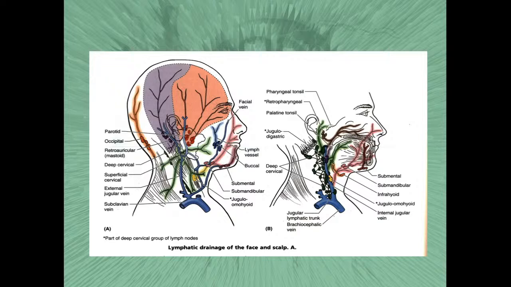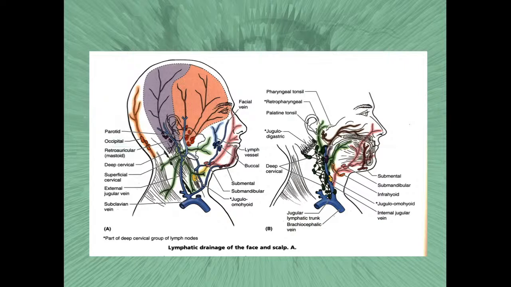Then from all the mentioned groups of lymph nodes, lymph drains into the lymph nodes of the neck. These lymph nodes are subdivided first into the superficial and deep lymph nodes of the neck. Then the deep lymph nodes of the neck are also subdivided into the superior deep cervical lymph nodes and the inferior deep cervical lymph nodes.